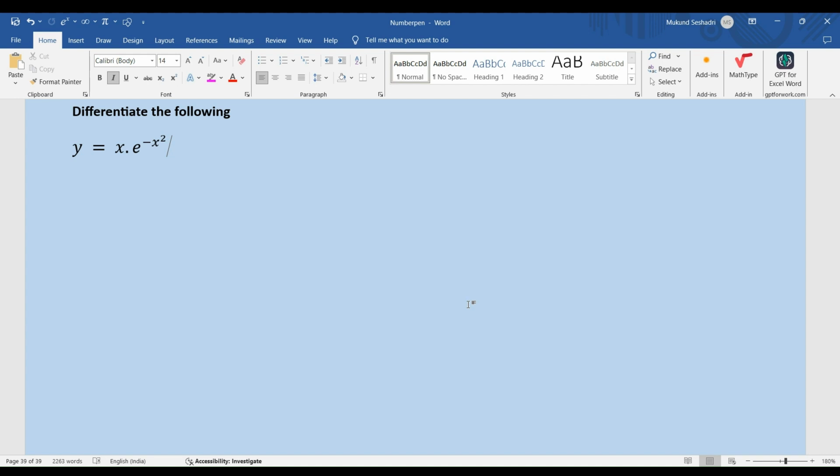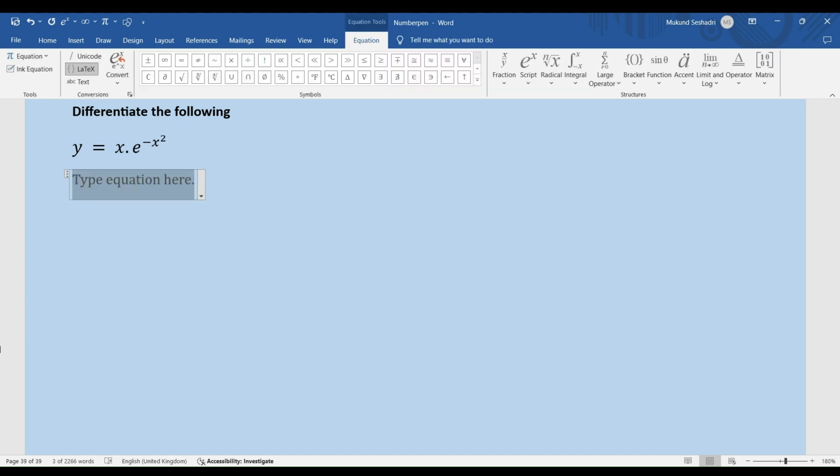So let's write down our u and v before we actually jump into solving this problem, right? So my y equals x into e to the power minus x square, right?